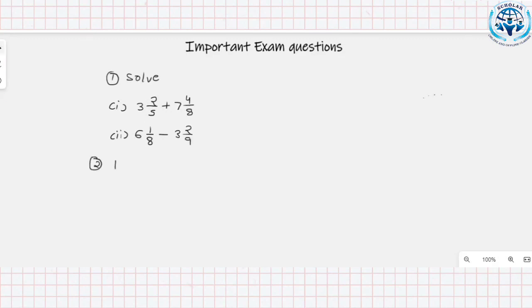These are some important exam questions. Solve. 3 2 by 5 plus 7 4 by 8. The second one, 6 1 by 8 minus 3 2 by 9.